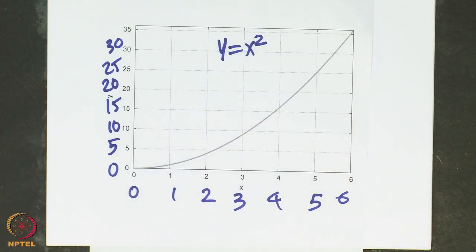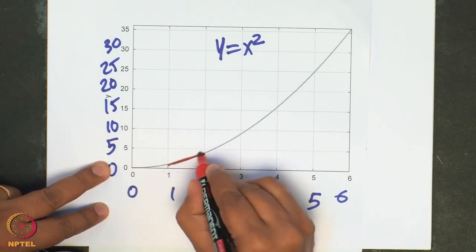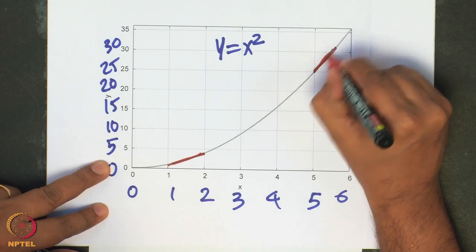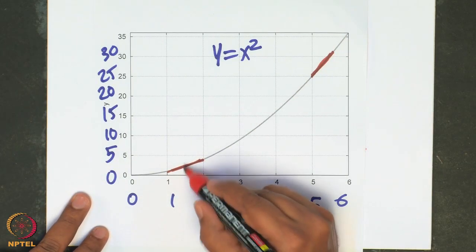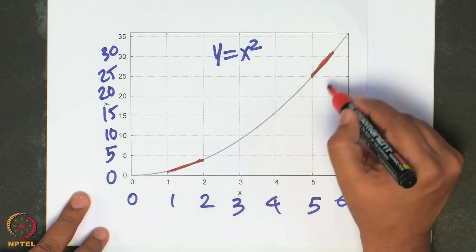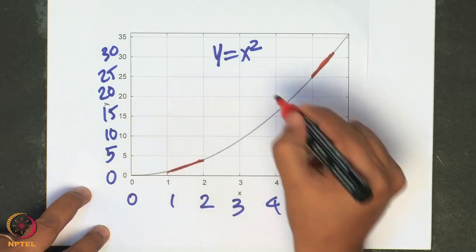Now the slope here will be very different from the slope here. So depending on where you calculate, for what value of x you calculate, the slope will be different. This is an important point that all of you should know.